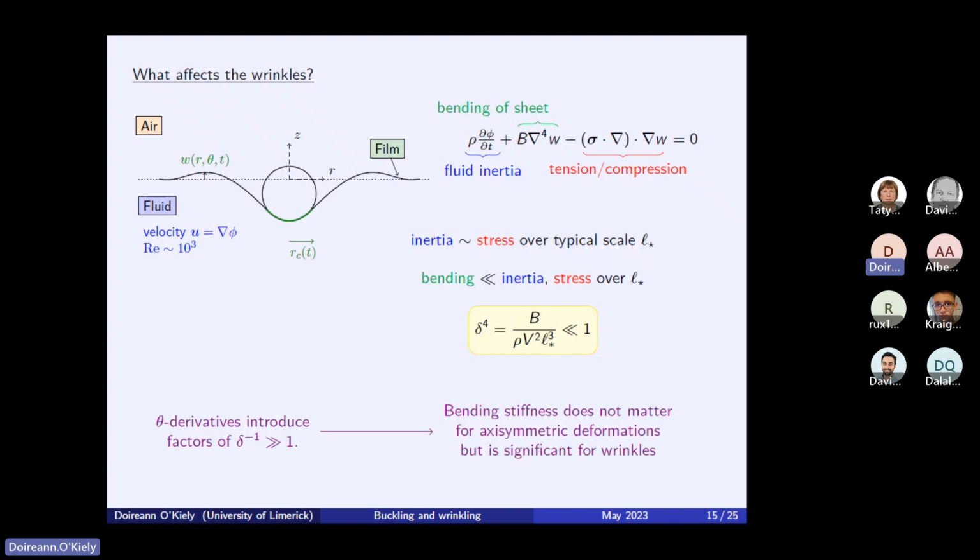And we thought about having a solution that isn't just a sine, it's a sum of sines, a sum of Fourier modes. Then you ask what is the amplitude of each of those modes as a function of time, and then you can predict what is the dominant wavelength at any moment in time.